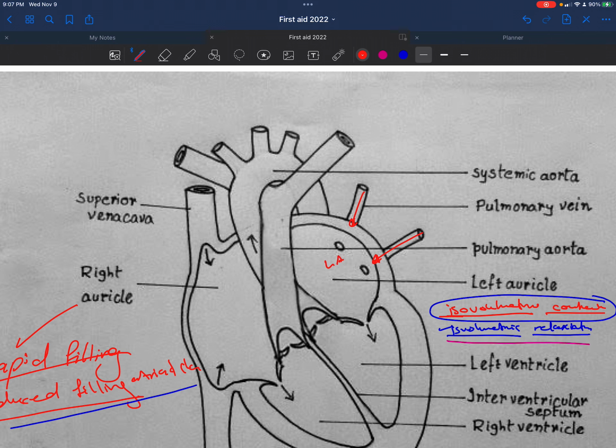So it's basically increasing the amount of blood that has filled the left atrium and now needs to move forward and fill the left ventricle. So the amount of blood that the left ventricle is going to receive is higher than usual.